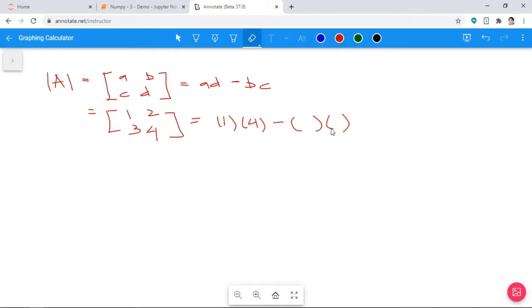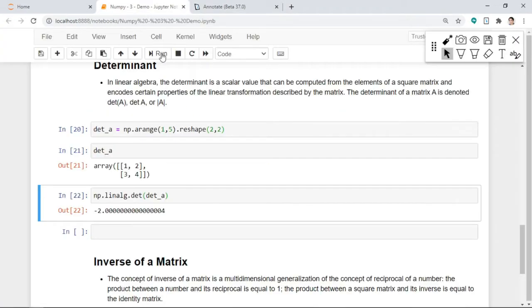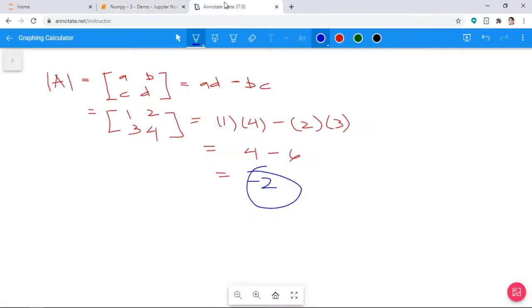So let's follow the order. So this one is BC. So this one is 2 times 3. Okay. So this one is 4 minus 6. So our determinant will be -2. Okay. So in our NumPy, we use linear algebra and the determinant is -2. So that's how you compute the determinant.